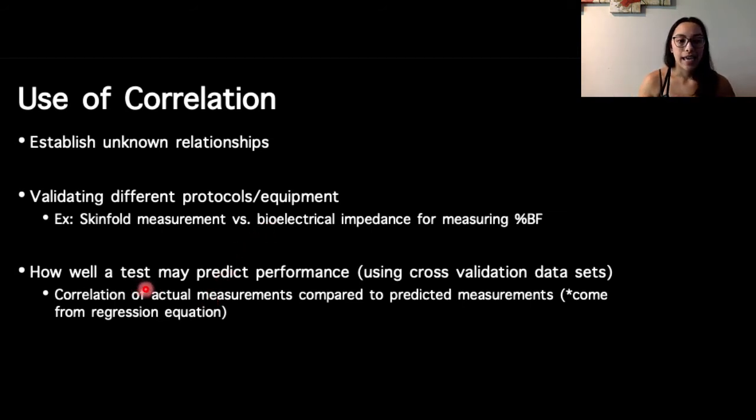We might also want to see how well a test can predict performance. This is a method called cross-validation, and we'll actually do an example of this next week when we look at the outputs of regression equations. So again, regressions are going to be used to predict a certain variable outcome, and then we can compare, right, if we have a bunch of different regression equations or models that we're using to predict this outcome given its relationships with other variables, we can say how well do these outcomes match.